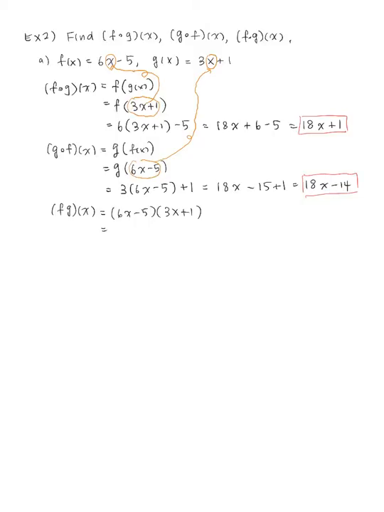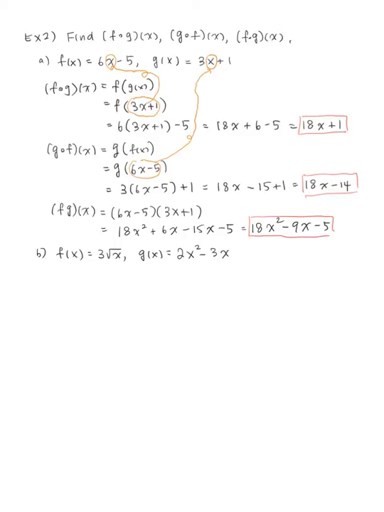The first term is 18x squared, and then 6x minus 15x, and then minus 5. So this is 18x squared minus 9x minus 5. Notice that our answer is completely different from f of g of x. So please be careful when you're computing f of g and f times g.